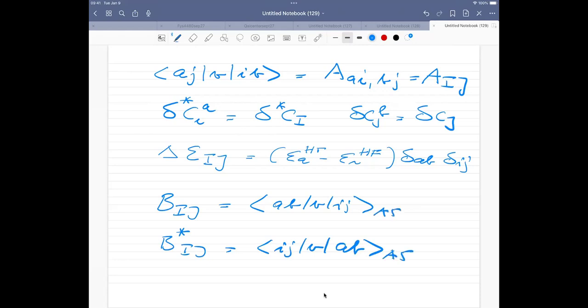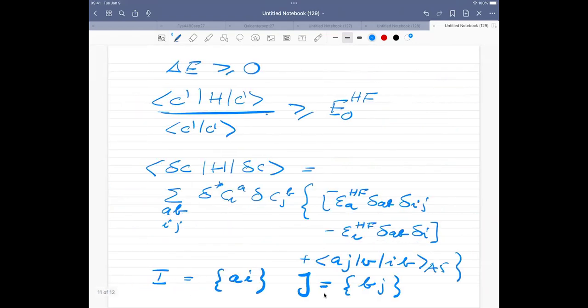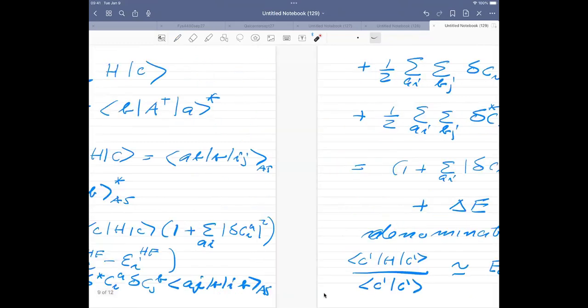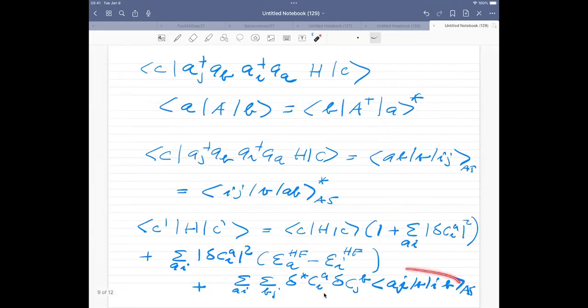So if you then look at what we had previously, when you look at these different matrix elements, we had now these coefficients. We have this matrix element here, and then we have these matrix elements here, which we're going to relabel as B and B here. And then the term which you see here is going to be relabeled as an A. And then I need just to pay a little bit of attention to these quantities here.